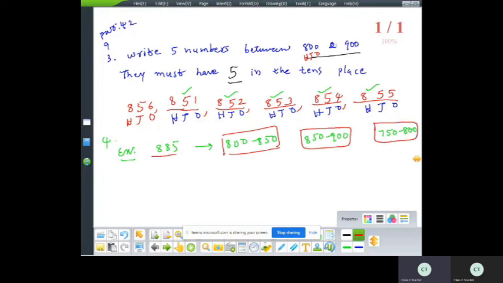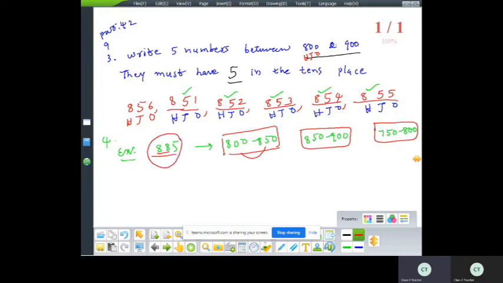See, 885. Read the numbers. Starting 800 to 850, but here 885. Next option is 850 to 900. If you read numbers from 850 to 900, compulsory you will get this number 885.